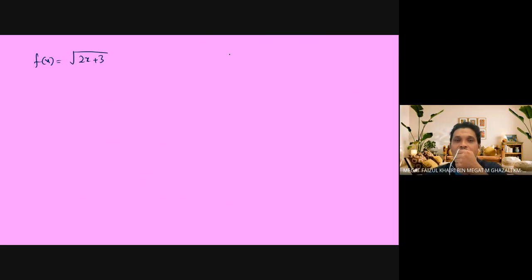Okay. So y equals square root of 2x plus 3. Square root means that everything here, 2x plus 3, is to the power of half. So y equals square root of 2x plus 3, or 2x plus 3 in brackets to the power of half.